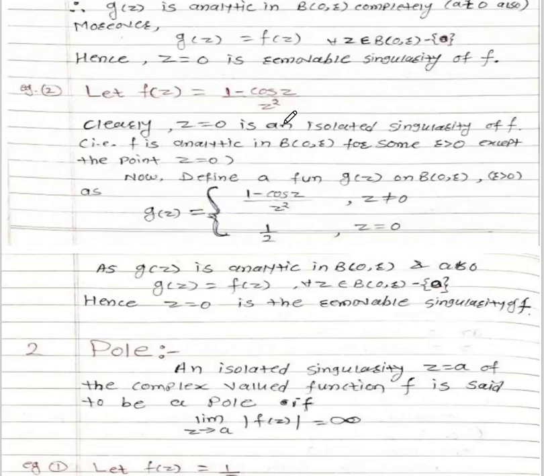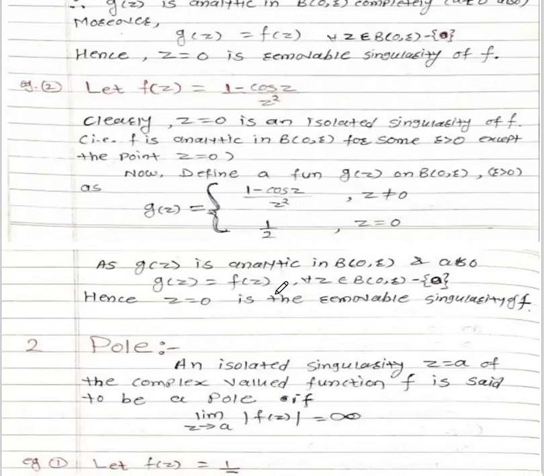So we will define the function g of z on an open circle center 0 radius r, which is defined as g of z equal to 1 minus cos z upon z square, where z is not equal to 0. And if z equal to 0, you will get 1 upon 2. So here g of z is analytic in that circle, and therefore g of z equal to f of z. So hence z equal to 0 is the removable singularity of the function f.